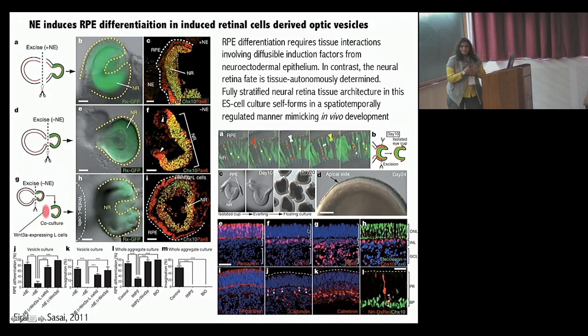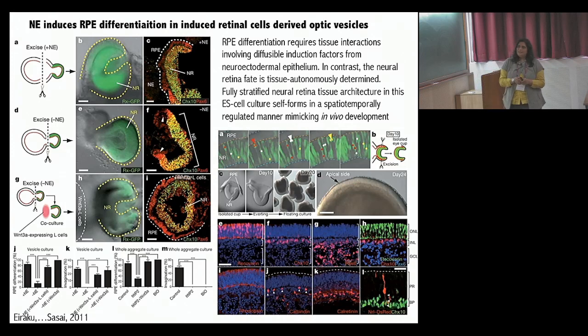And then what they went on to show was that this subsequent differentiation of the retinal pigment epithelium required the prior differentiation of the neuronal epithelium. If you took it away, you did not differentiate the second layer into the pigment epithelium.